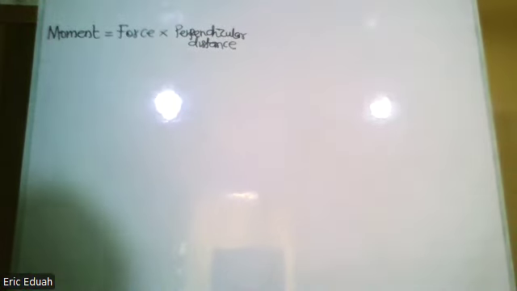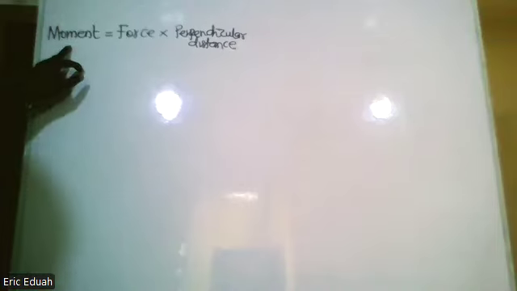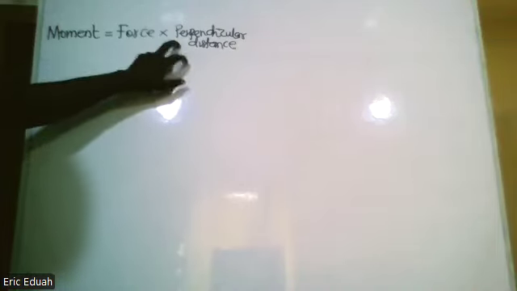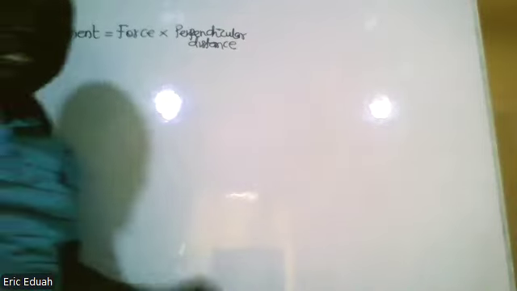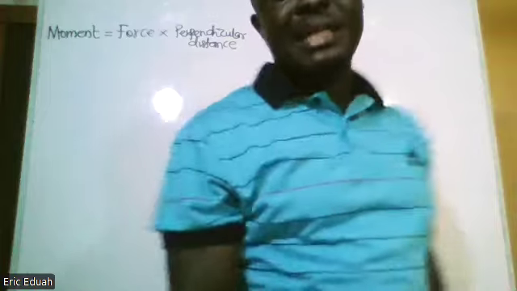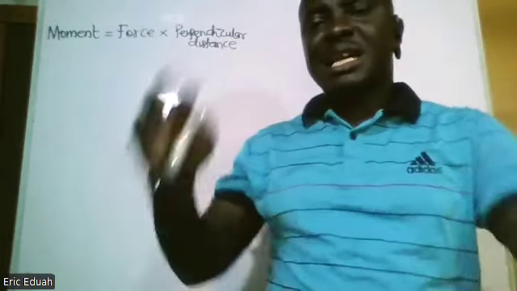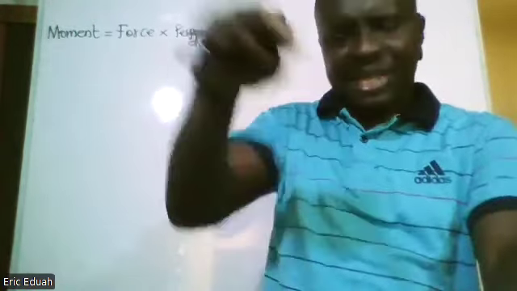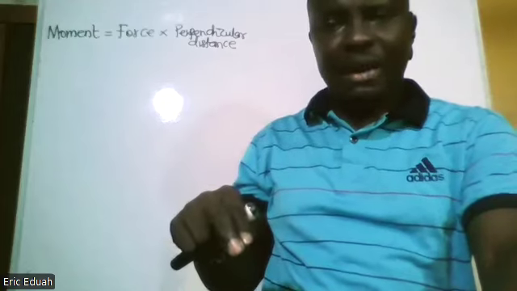Moment is a vector quantity, meaning it has magnitude and direction. The direction of moment is taken from this, meaning that this distance isn't just any distance, but a distance with a particular direction. What is that particular direction?